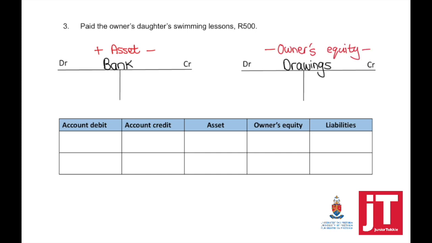Drawings is a direct owner's equity account, minus on the debit side, plus on the credit side. So if the business made a payment, it means bank is credited, the rest is debited. On my accounting equation, account debited, drawings. Account credited, bank. Assets minus 500, owner's equity minus 500. Nothing happened with your liabilities.